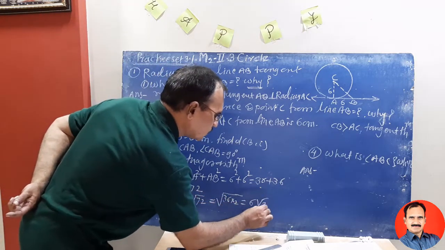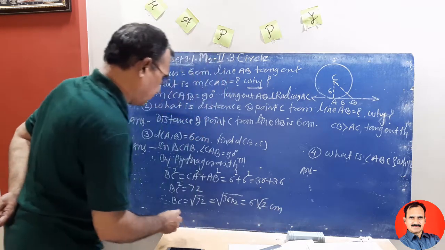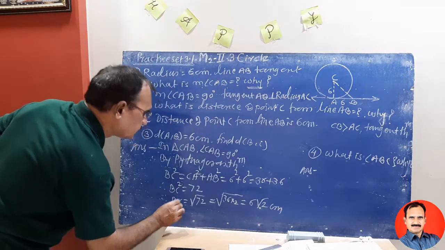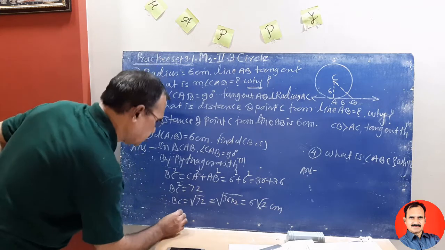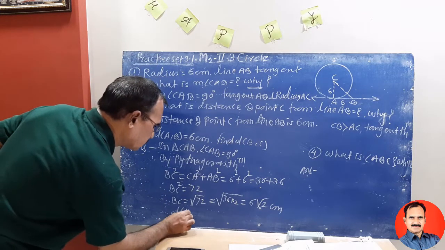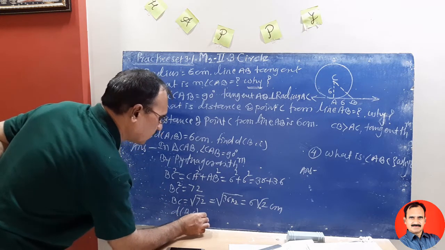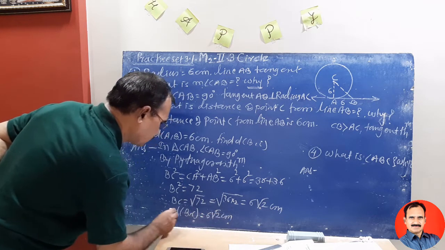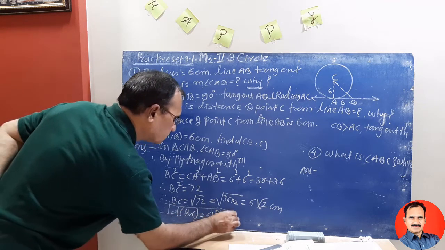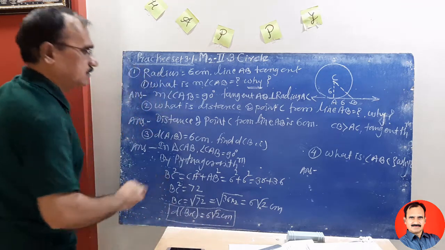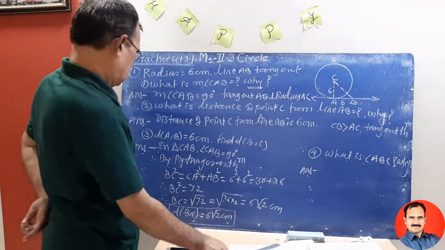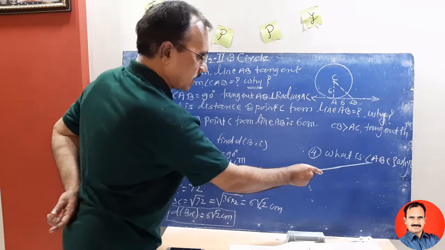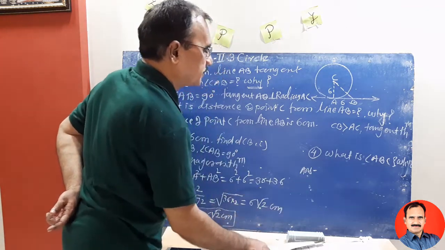Means 6 root 2 centimeter is the distance BC. This is the answer according to the example. Then the last question, what is angle ABC?